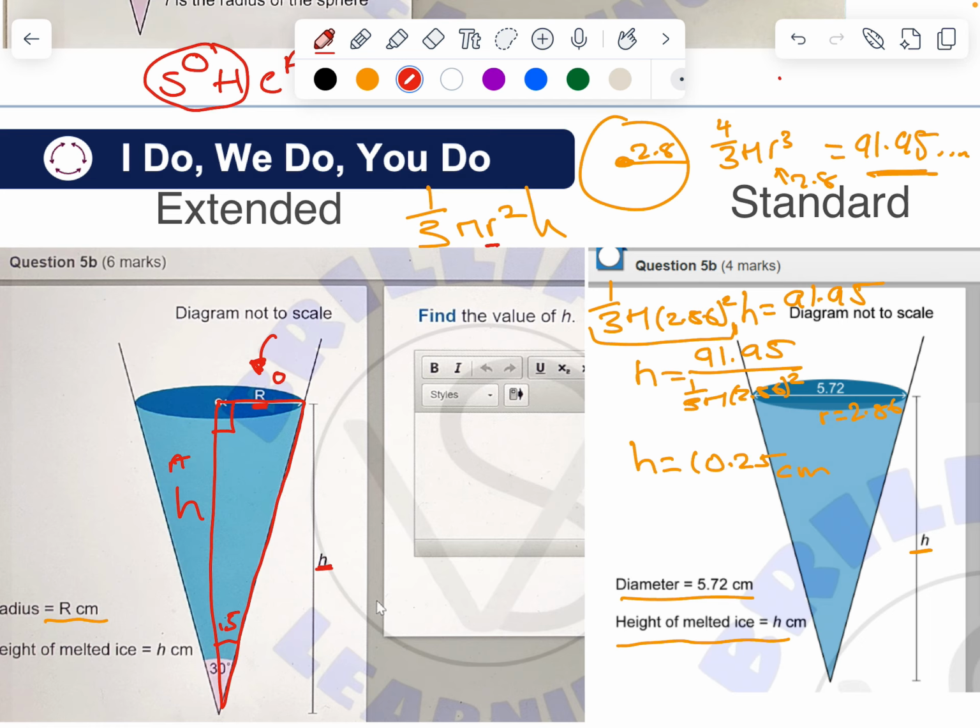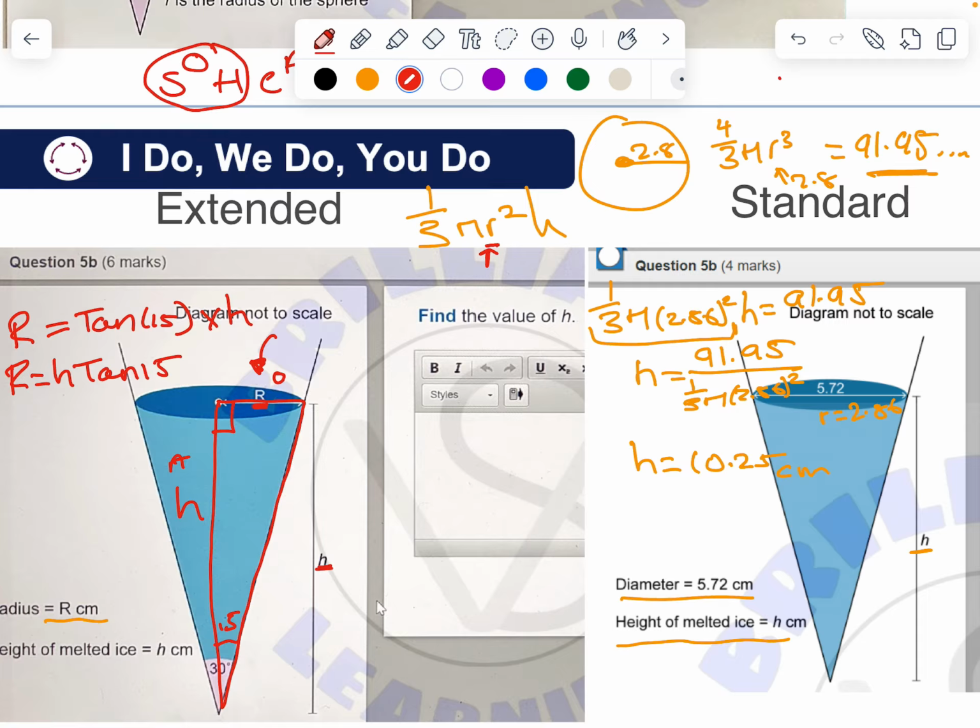So I'm going to write it in terms of tan. We know the opposite equals tan 15 times the adjacent. But instead of O, this is the radius. And instead of the adjacent, we're going to call it the height. So we can write that as h tan 15. That's what we're going to put into this formula here for the extended paper.